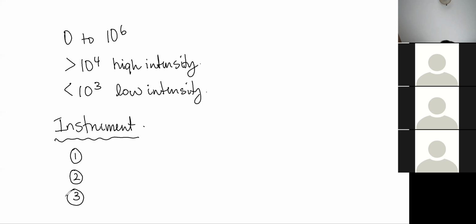In fact, this is a good question for comparing and contrasting an infrared spectrometer with a UV visible. What would be the first thing we would need? Okay, what would be the last thing we would need? And it starts with D. Detector. Right, yeah, detector.